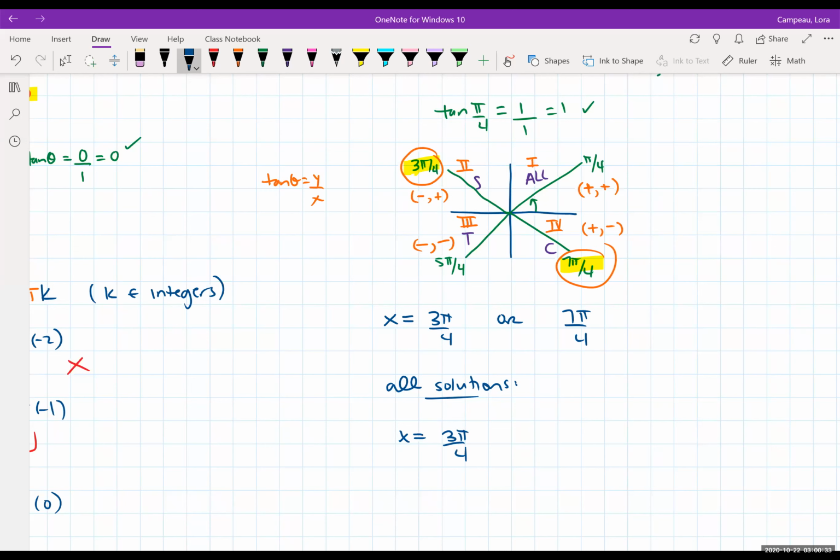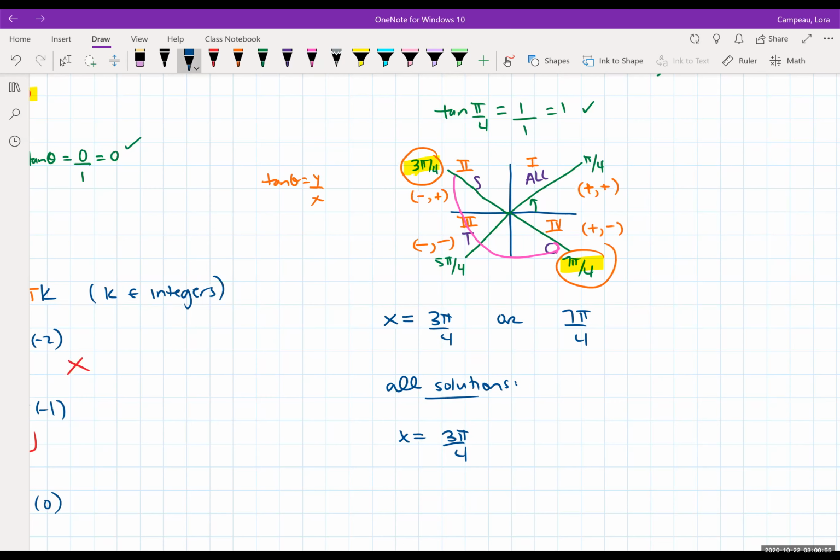And if you want to think about how you're going to get back to it, you have some options. You can add 2 pi to get back to the same place. But we do remember, especially from the visual, that to get to 7 pi over 4, it's 180 degrees or pi. And that is the period of tangent.